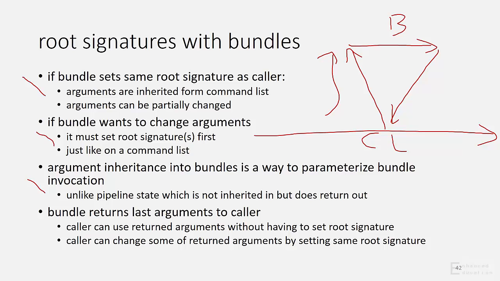Now, a final interesting behavior to note is that when a bundle completes execution, the state of the root arguments at the end of the bundle flows back to the command list. And mirroring the way the root arguments work when flowing into the bundle, on the way out, if the command list that we return back to wants to change some of those root arguments, it can do so by first setting the same root signature on the command list as the last root signature that the bundle set.